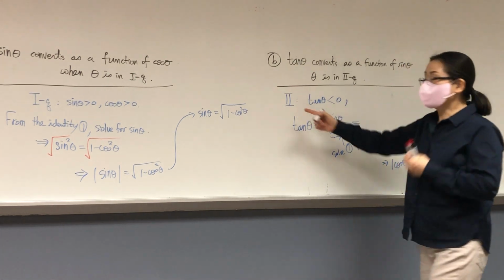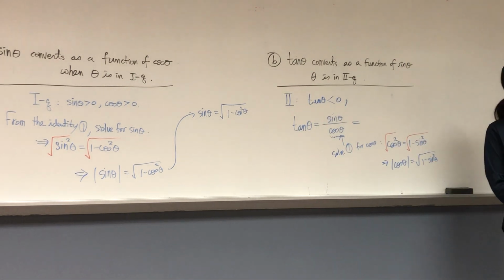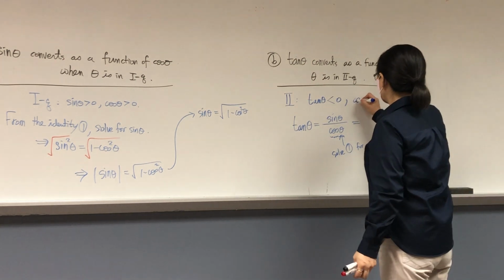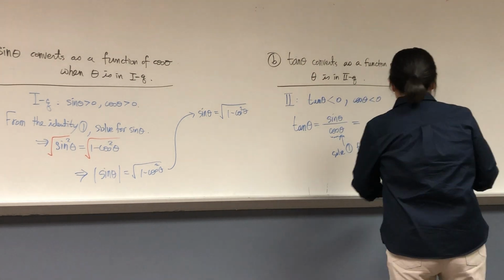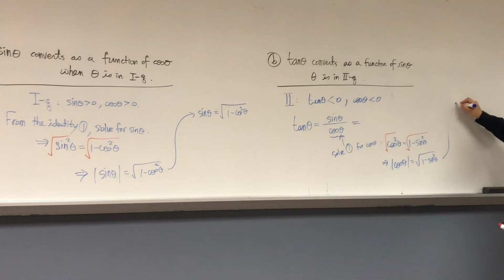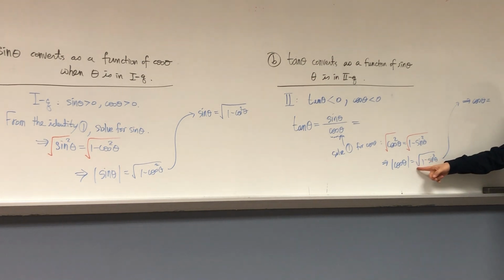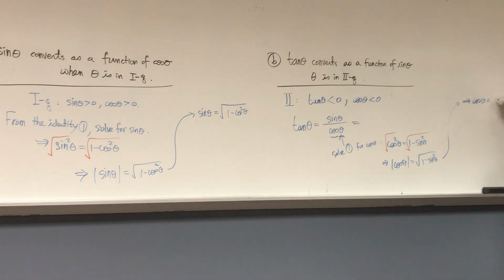Now, in the second quadrant, is cosine positive or negative? Good job. So when you choose this cosine, which one is your cosine? There are two chances, plus minus, but we know that cosine theta should be negative in the second quadrant, right? So this answer is minus the square root.